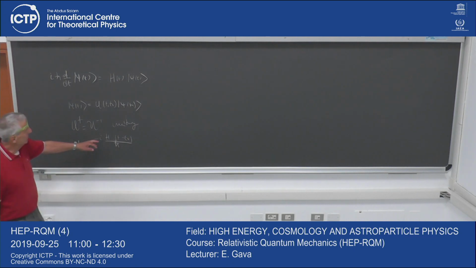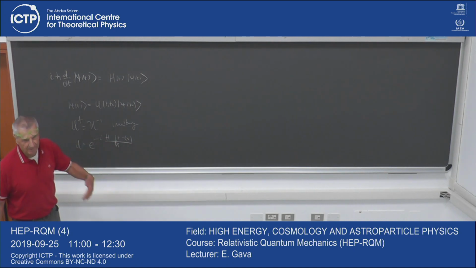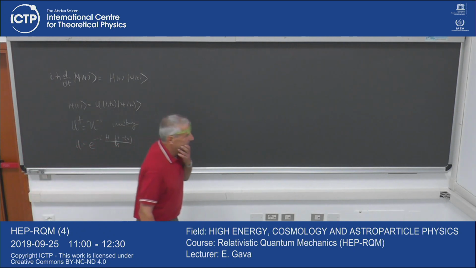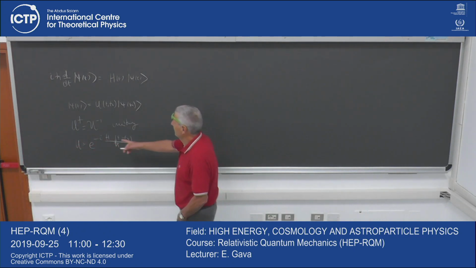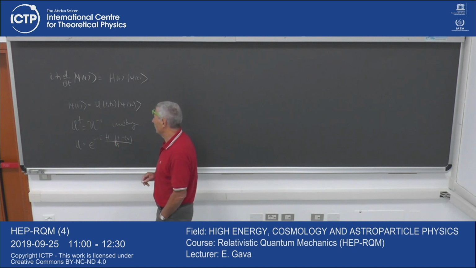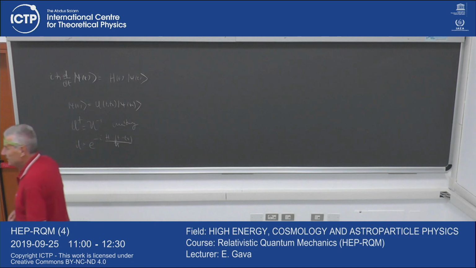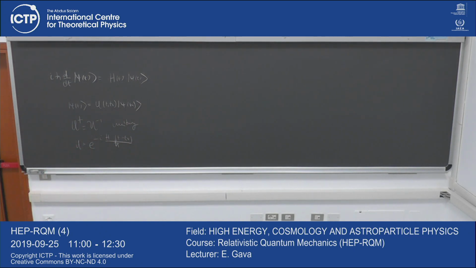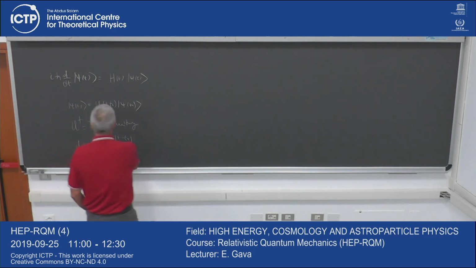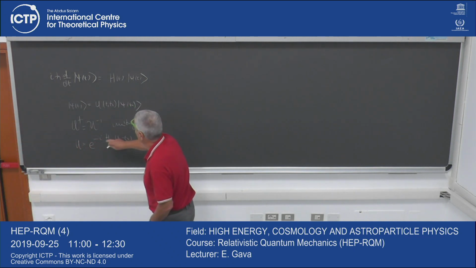In cases where H is time dependent, if H at different times commutes, it is still a simple expression involving the integral of H from t naught to t. In more complicated cases where the Hamiltonian at different times does not commute, you have the time ordered exponential. But we will always discuss examples where this is not needed.